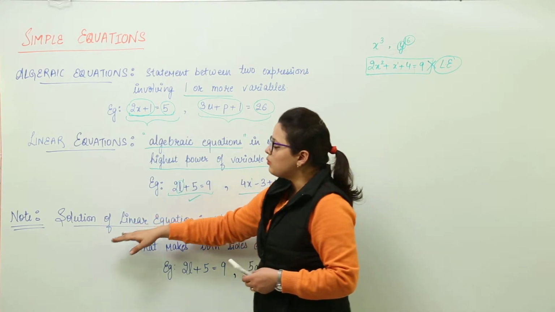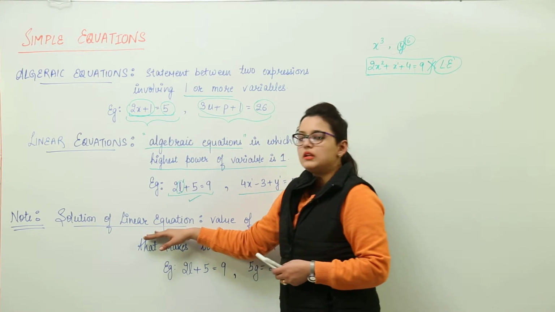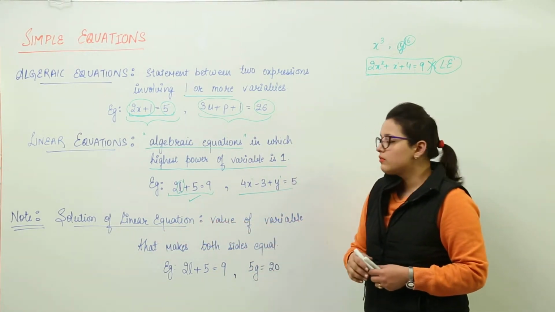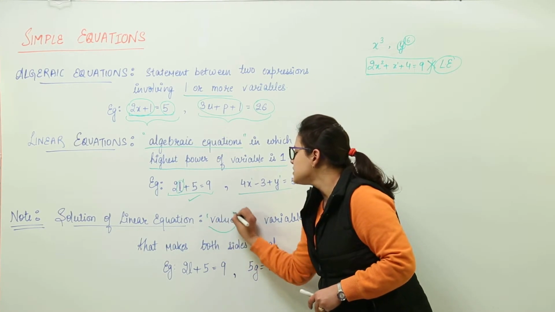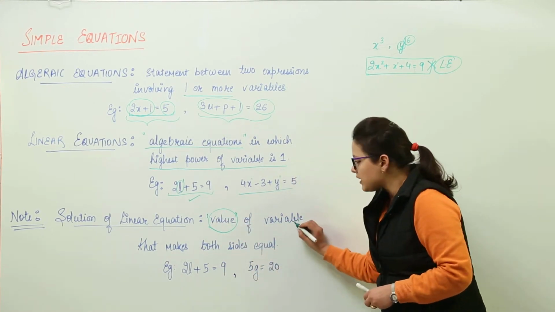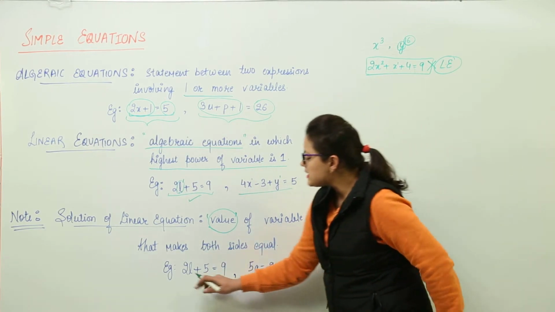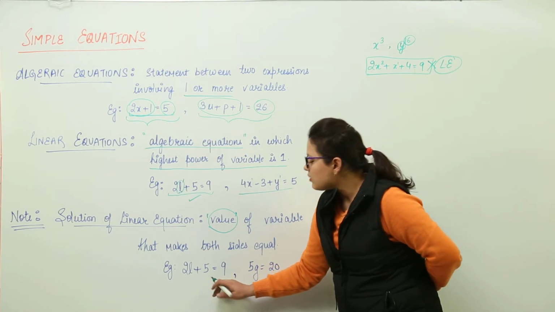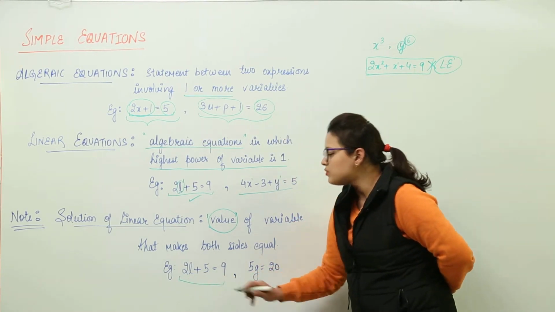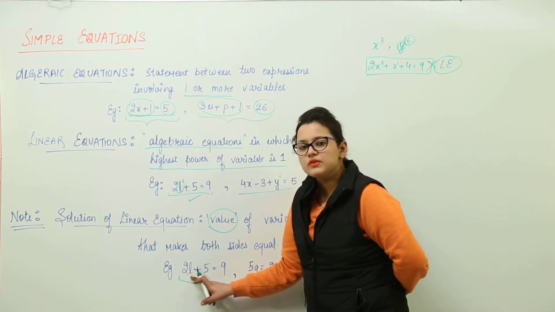Next, please make a note when you have to find the solution of a linear equation. Now how to find the solution of a linear equation? Solution is the value of the variable that makes both sides equal. Now you can see over here, this is one example, 2L plus 5 equal to 9. This is linear because the highest power of the variable is 1.